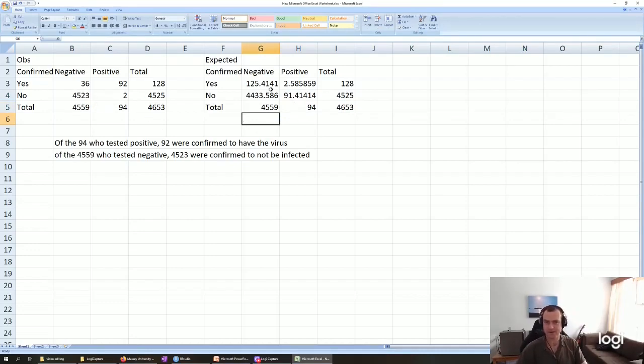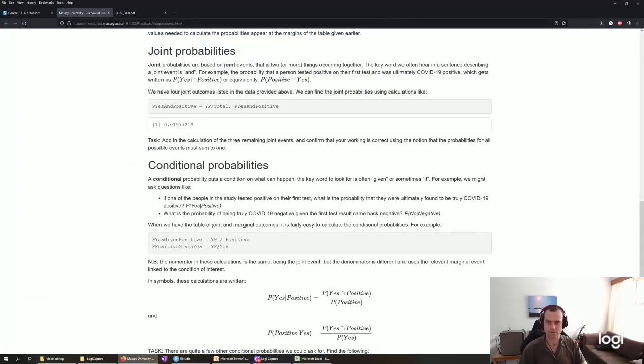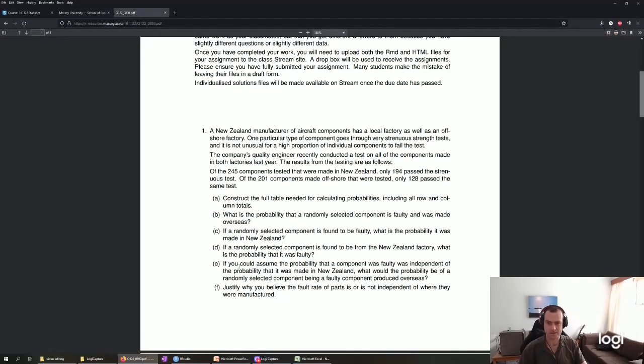Alright, so immediately we can sort of compare what we observed with what we expected. But I think the question initially being phrased in the assignment was, what probability of things would you expect if they really were independent?